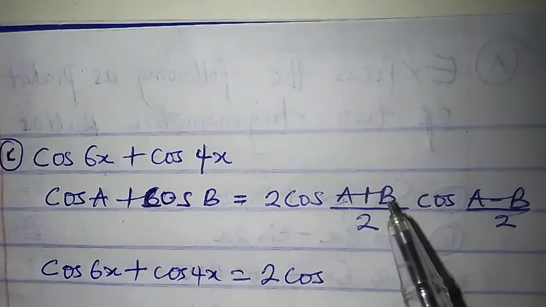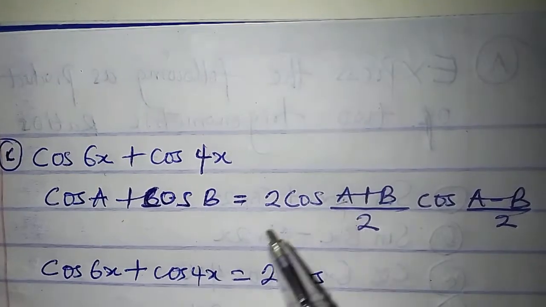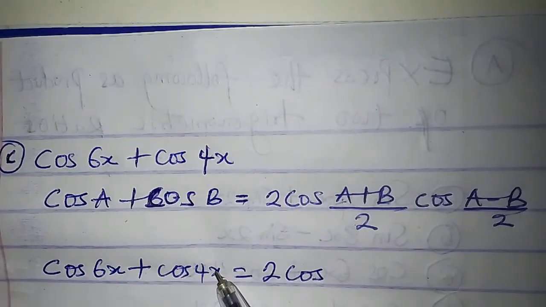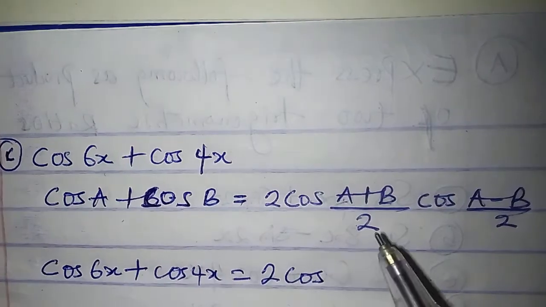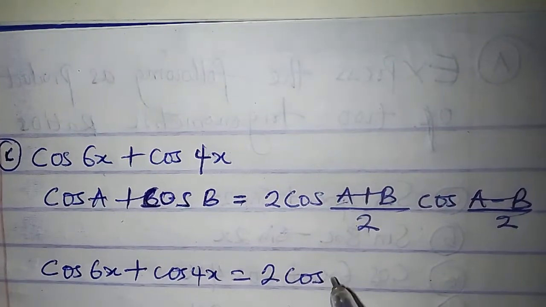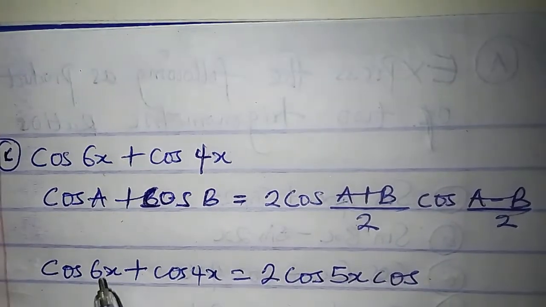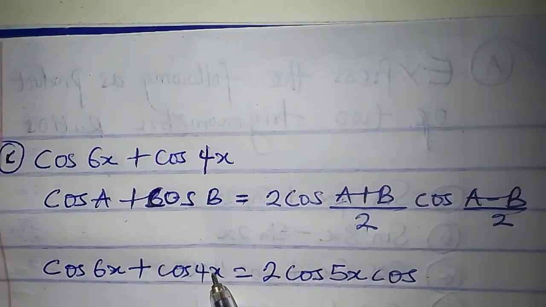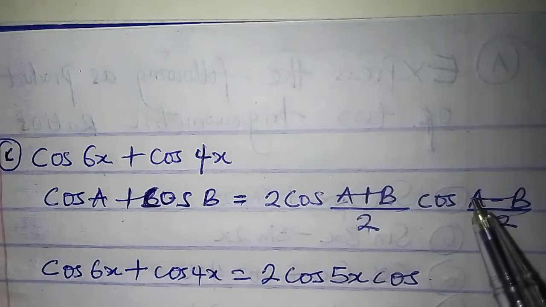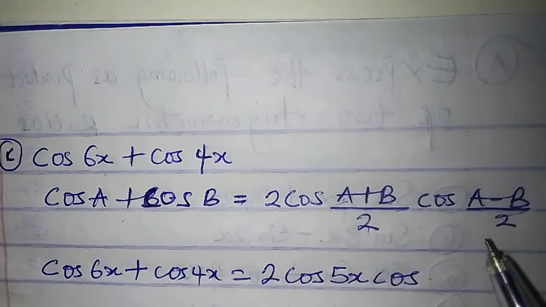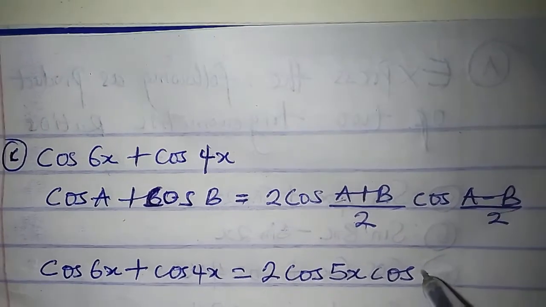A is 6x, B is 4x. 6x plus 4x is 10x, 10x divided by 2, that's 5x. Cos, 6x minus 4x is 2x because we have A minus B. 2x divided by 2 is x.